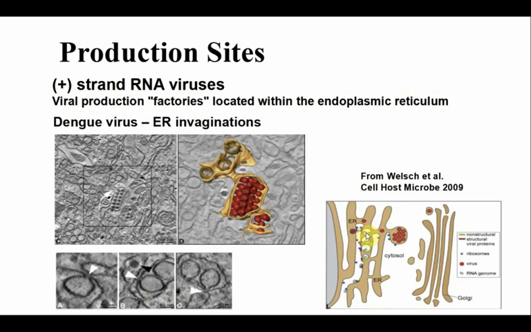And once again, the idea is you don't want the cell to realize you're replicating a load of virus RNA, so you hide it away in a specialized compartment. Then the RNA, once it's been replicated, will be incorporated into capsids that are being formed by budding at the endoplasmic reticulum membrane.